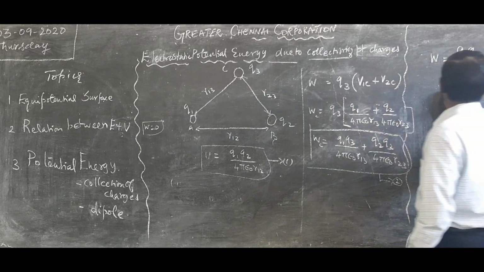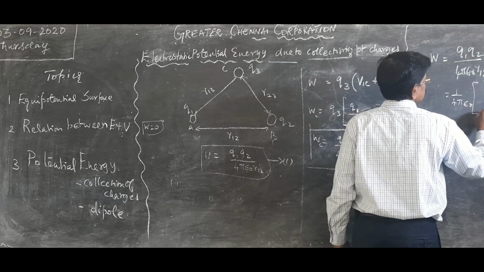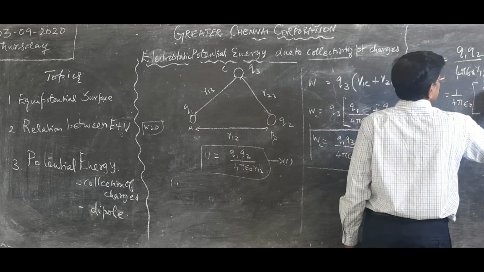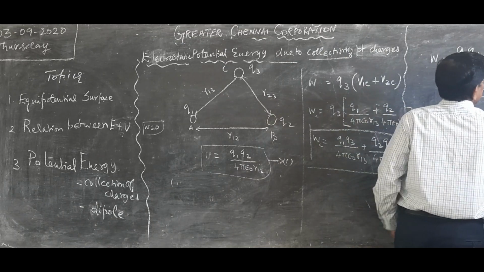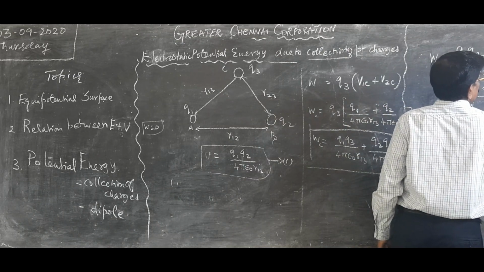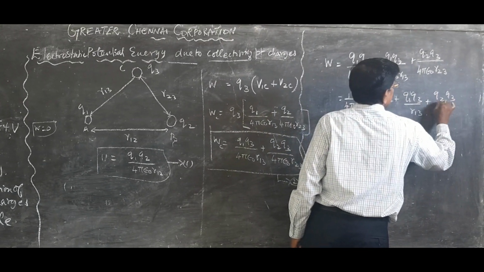If you want, you can take 1 by 4 pi epsilon naught outside. So it is Q1 Q2 by R12 plus Q1 Q3 by R13 plus Q2 Q3 by R23.